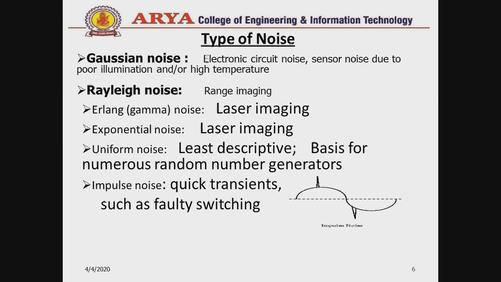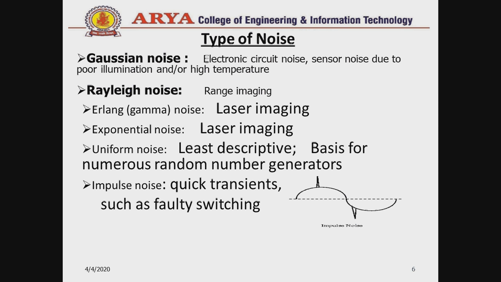One is Gaussian noise, due to electrical noise and sensor noise from poor illumination and high temperature, normally present when we acquire the image. Second is Rayleigh noise, where reflection, refraction, and diffraction cause a range imaging problem, also known as Rayleigh noise.